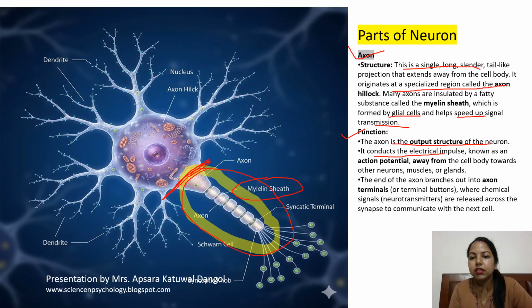It conducts the electrical impulse known as the action potential away from the cell body towards other neurons, muscles or glands. This is the part of the axon at the terminal buttons or axon terminals, where chemical signals are released across the synapse to communicate with the next cell. The synapse is the tiny gap between the presynaptic neuron and the postsynaptic neuron.